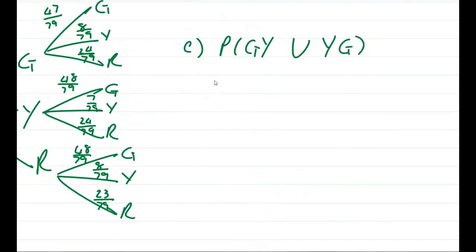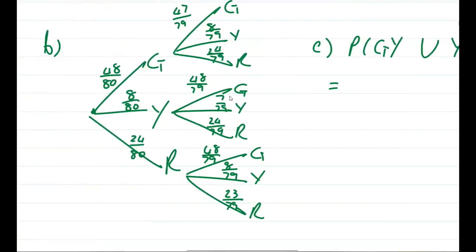And or, I said earlier, means what? Or is plus, and is multiply. Yes, very good. So we're going to take green and yellow, work that probability out, and then yellow and green, work that probability out, and then add them together.